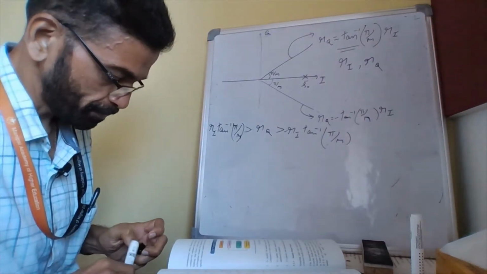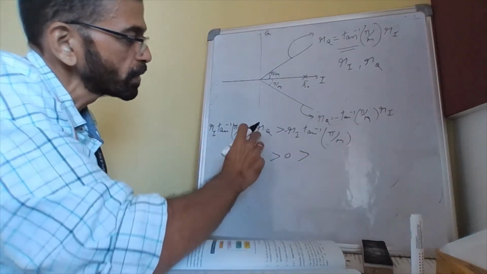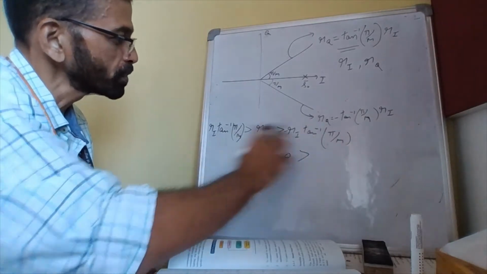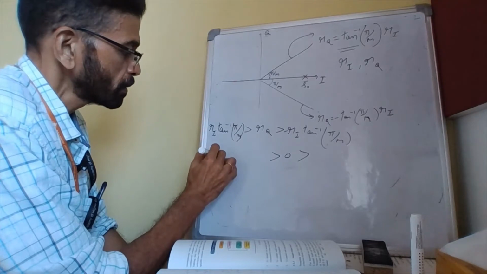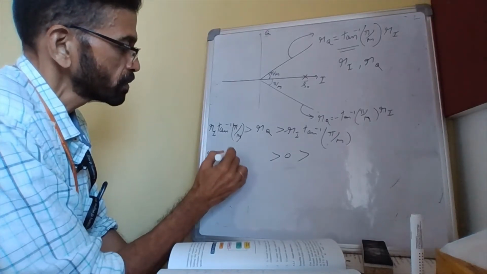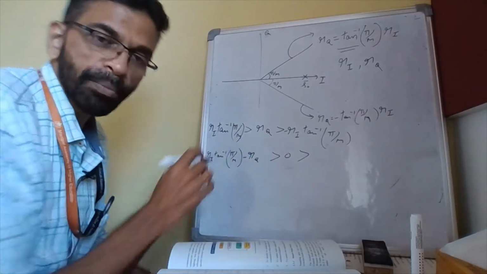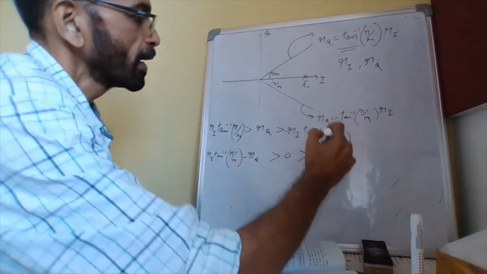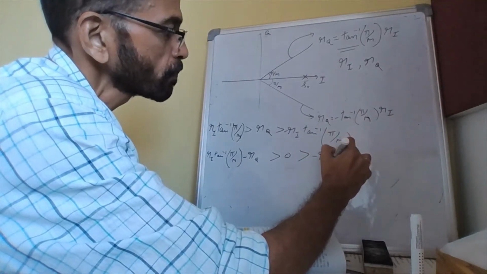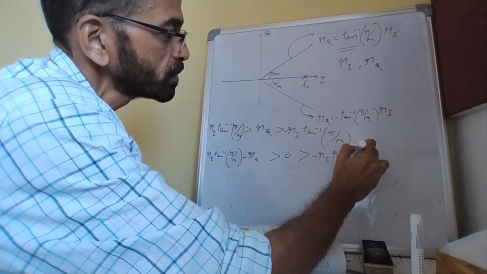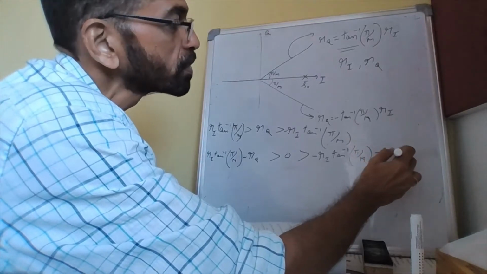Now we can also write this by subtracting Rq from both ends: Ri tan(pi by M) minus Rq, and minus Ri tan(pi by M) minus Rq.